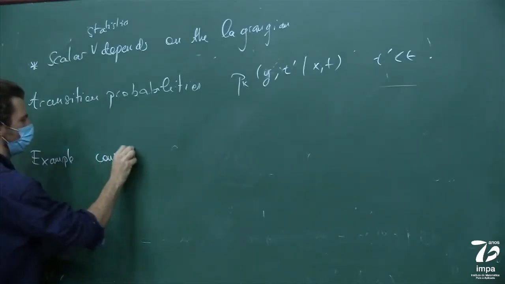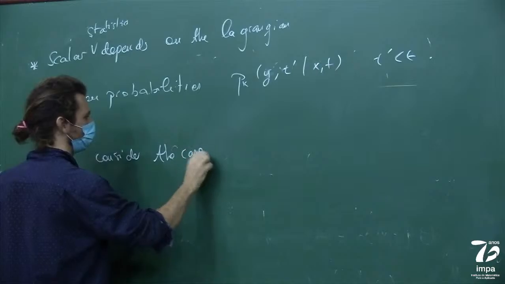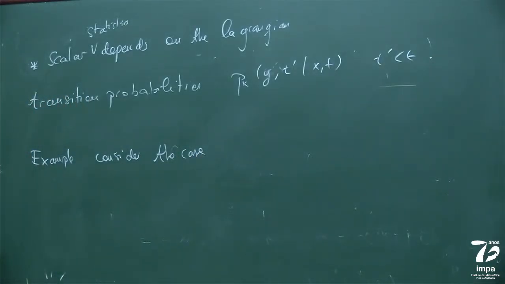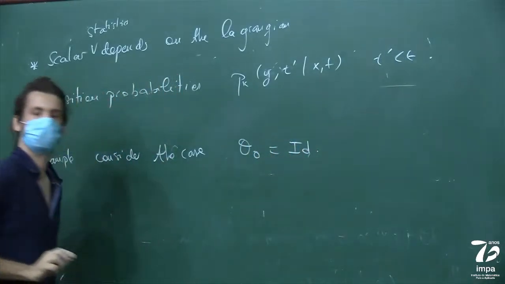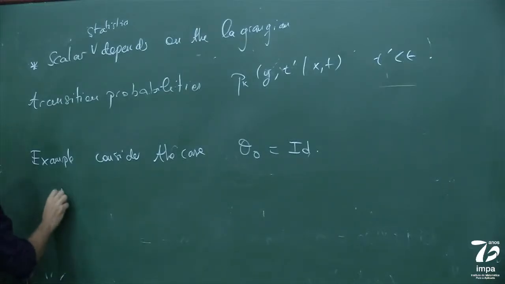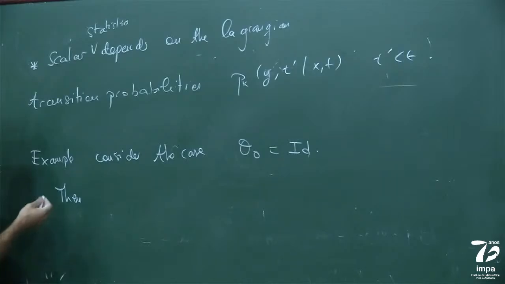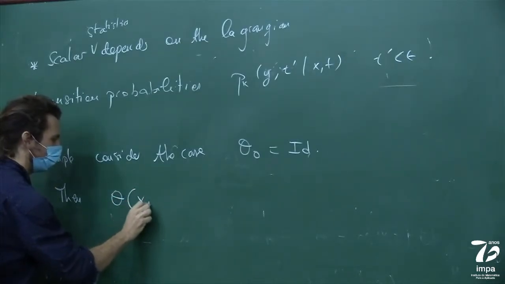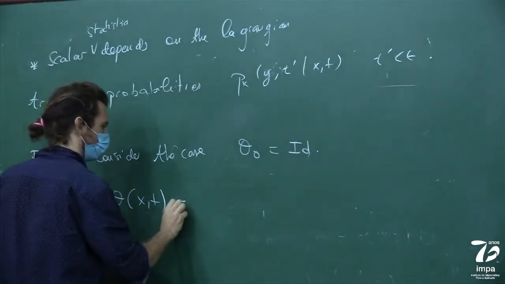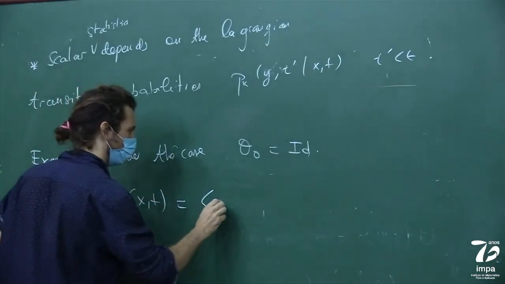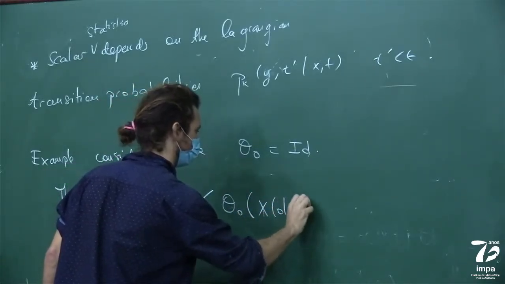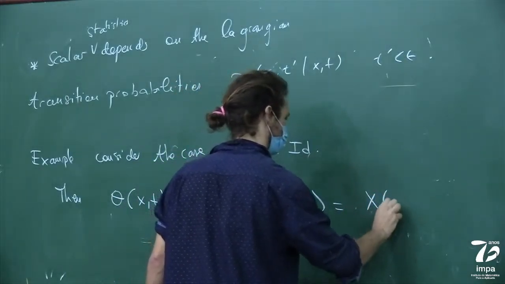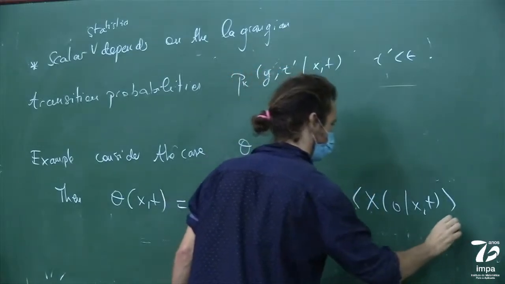Consider the case where we take as the initial value of the scalar just the identity function. So basically, theta 0 equals identity. Then theta of x, t equals theta 0 applied, so theta 0 of x 0 x t, equal to x 0 x t averaged over kappa.